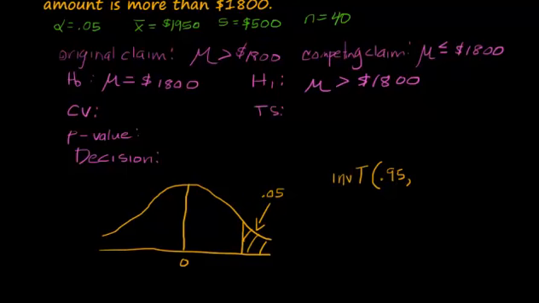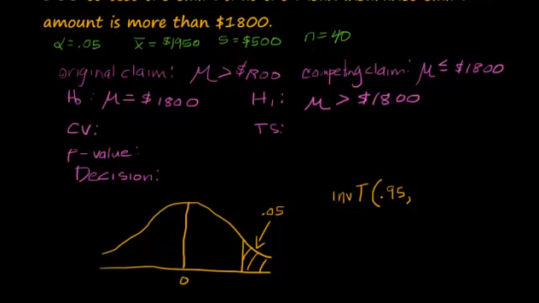We'll recall that degrees of freedom is the sample size minus 1, n minus 1, so 40 minus 1, so 39.